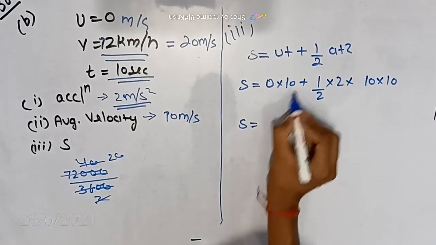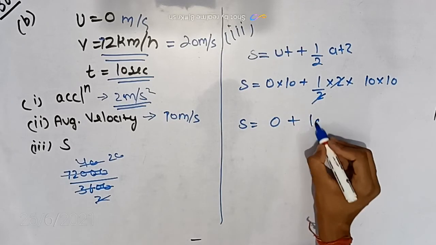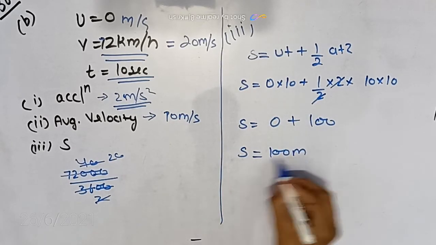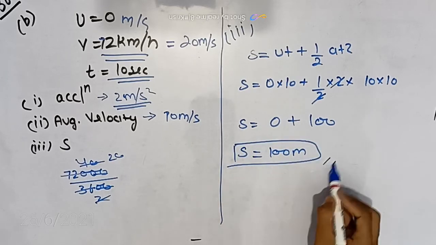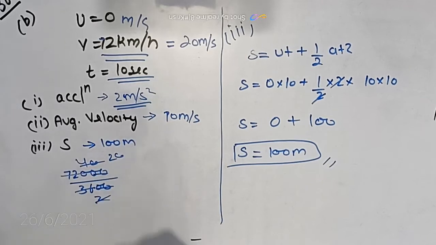S equals 10 into 0, which is 0, plus 2 by 2 cancels, 10 into 10 is 100. So the distance is 100 meter. This is our answer of question 36B, third part.